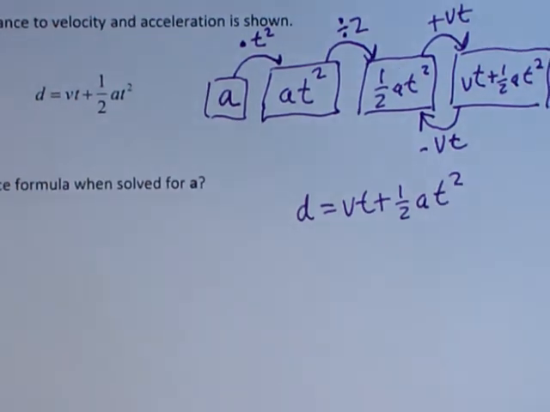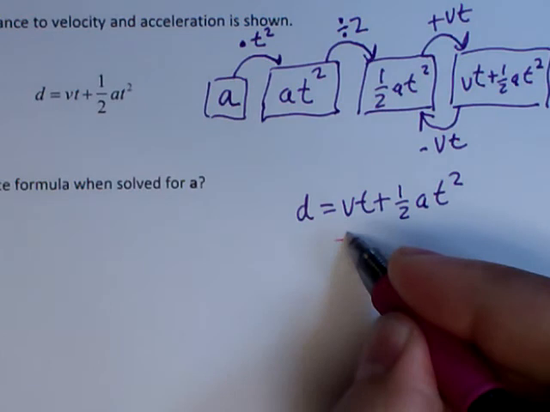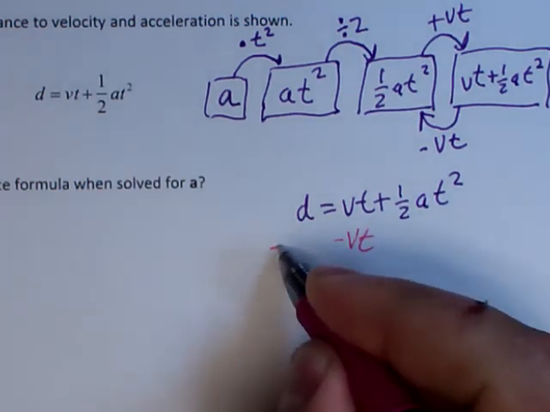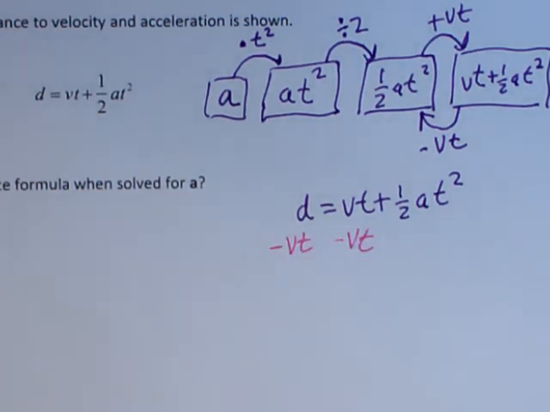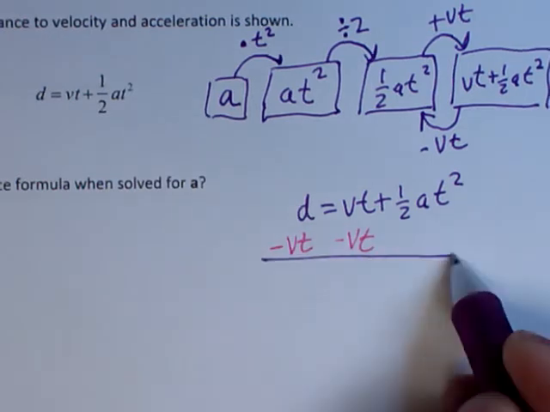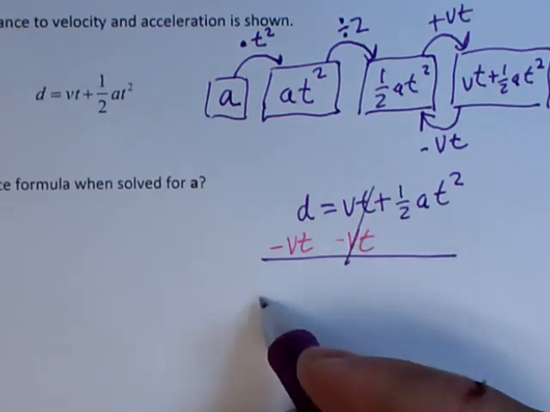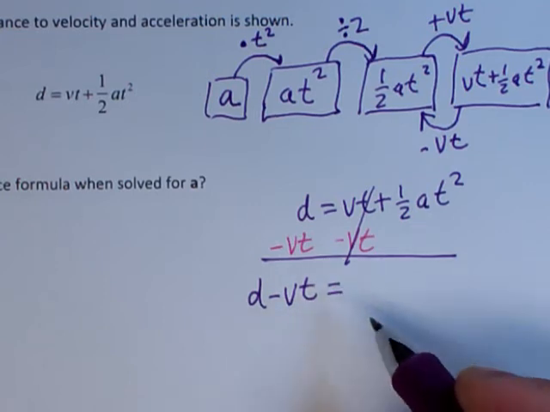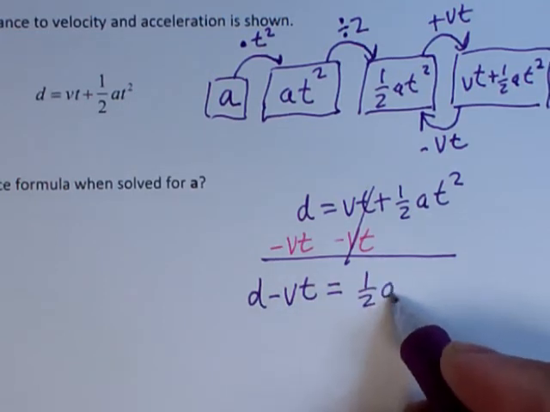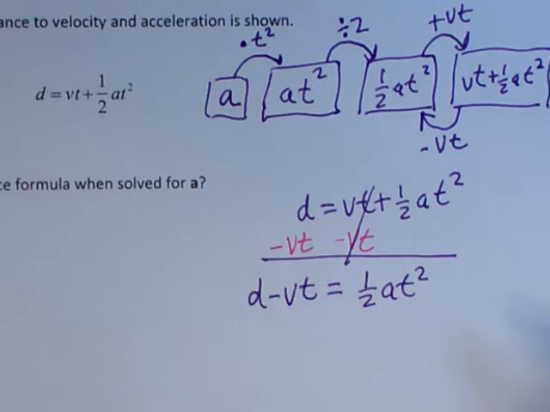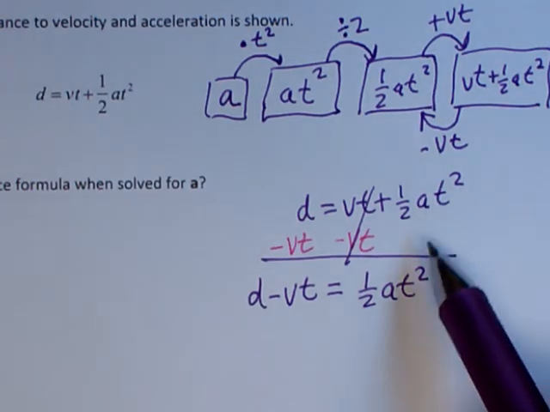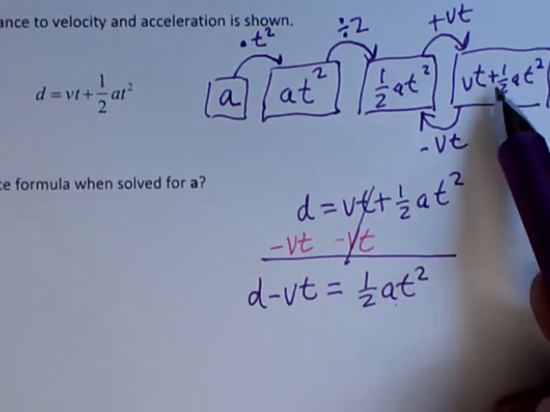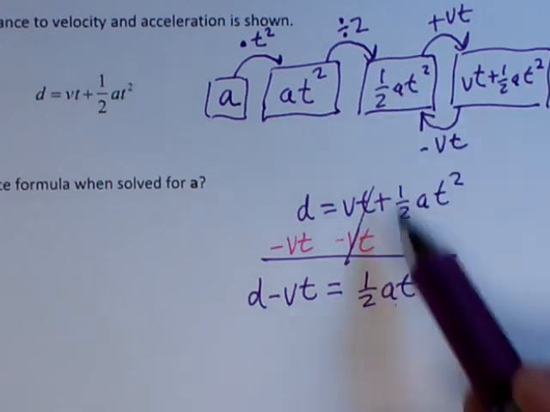And I'm going to subtract VT from this side, I'm going to subtract VT from this side. This cancels out as I wanted it to. I get D minus VT is equal to 1/2 AT squared. And I went from this to this, and I can see that in my boxes, so this checks out.